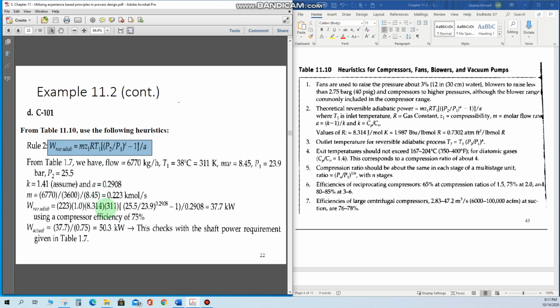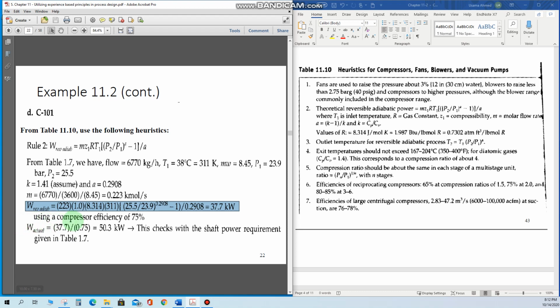T1 is given here, and P2 and P1 are also given. A we have already calculated, so you can put all the values into this equation to estimate the reversible adiabatic power. From this equation we find the theoretical reversible adiabatic power comes out to be 37.7 kilowatt.